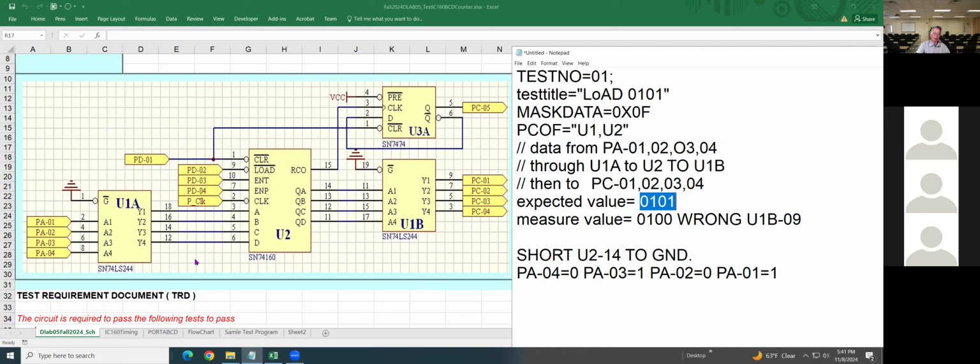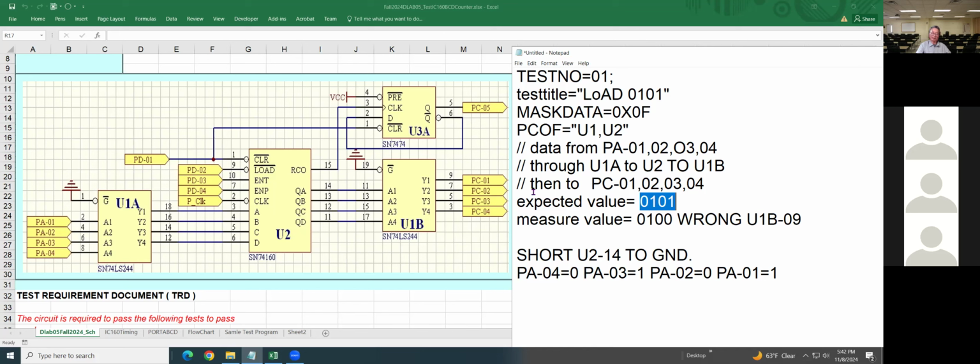Okay? So, the troubleshooting, you can go from here. Now we go sort this one again. We can go from A to U2, U1 again. When it fails, you can take from input PA to U2 to U1B.